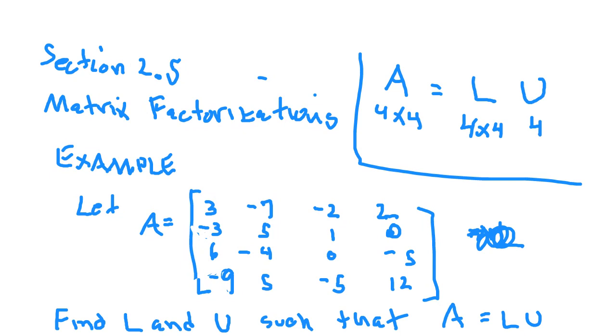If we're going to reduce this matrix A to echelon form, then U is a 4 by 4, and the lower unit triangular matrix L would have to be a 4 by 4, because a 4 by 4 times a 4 by 4 would give you a 4 by 4 matrix. Are there any questions so far?